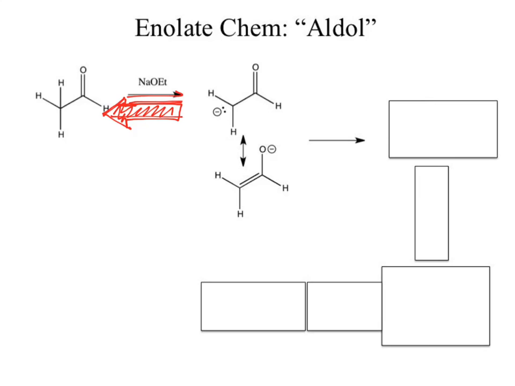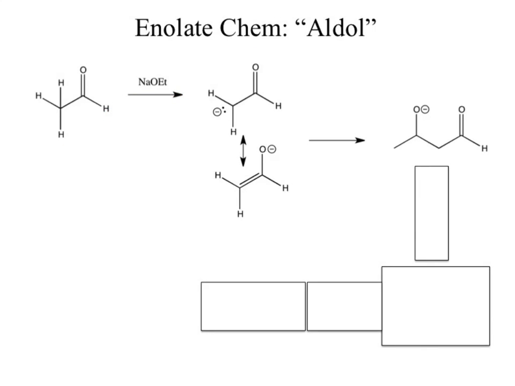It favors our starting material, which means there is a very low concentration of this guy present, which means it's most likely to run into another one of these guys, which happens to be our electrophile. The result is this guy.